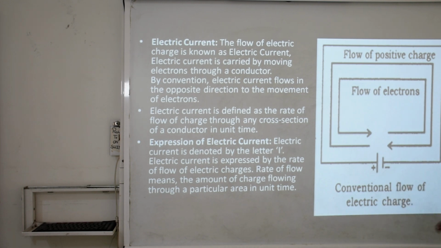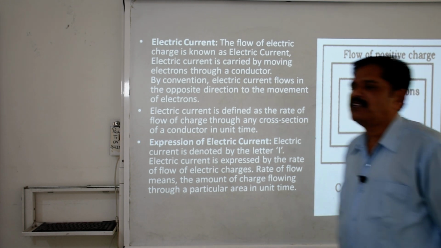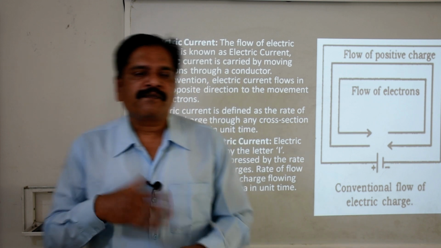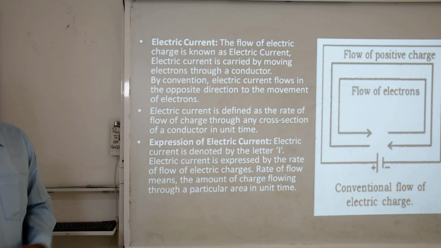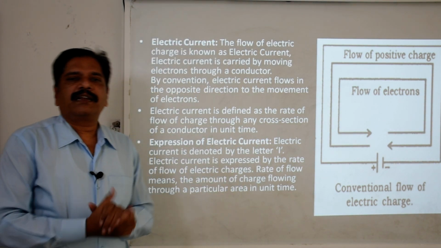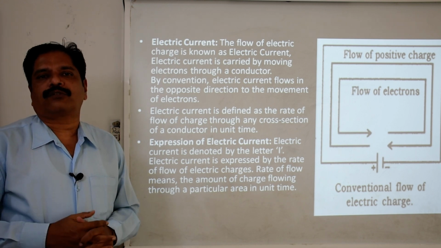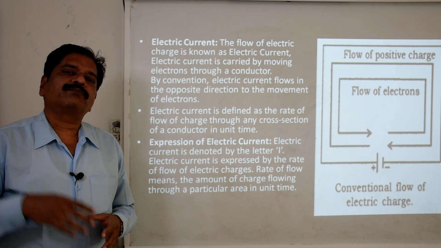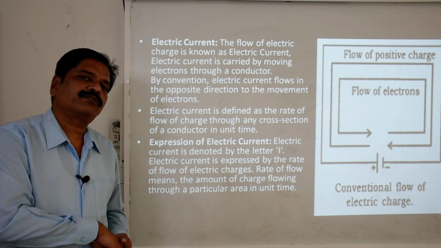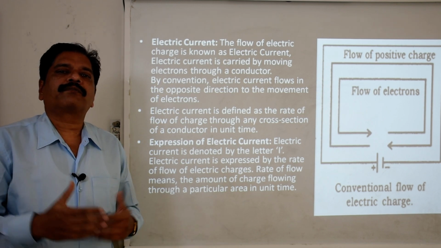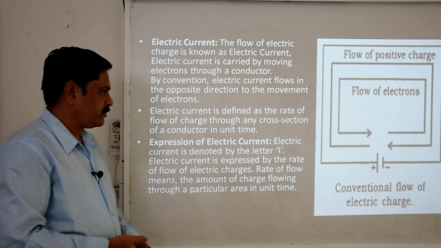The conventional flow of the electric charges is shown with the help of this diagram. So remember, the direction of flow of electric current and the electrons is opposite, clear. Electrons always move from negative terminal to positive, and electric current always flows from positive terminal to negative terminal.